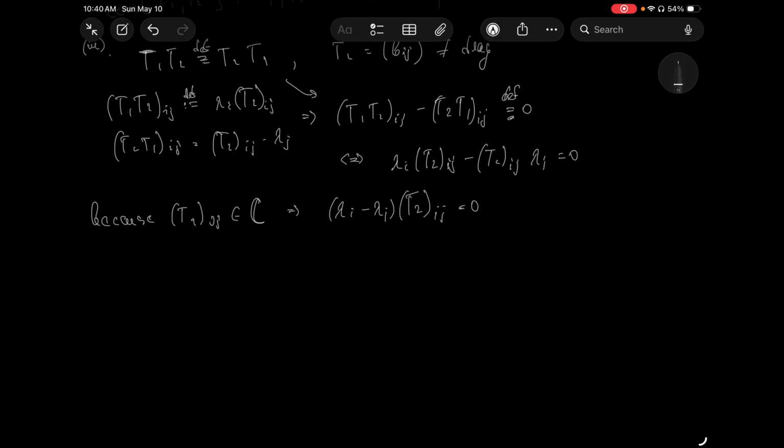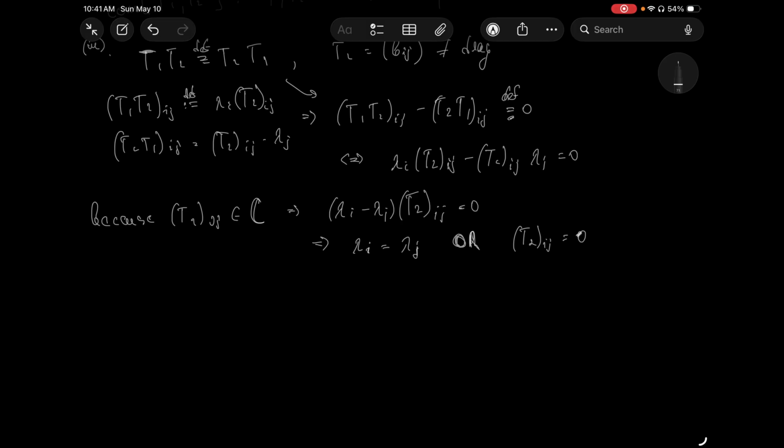And what can we deduce from this equation? From this equation, we say that either lambda i equals lambda j, or, this is not exclusive, it's just or, T2 ij equals 0.